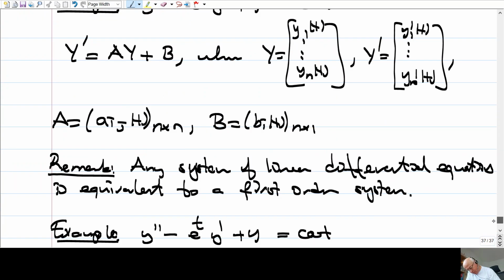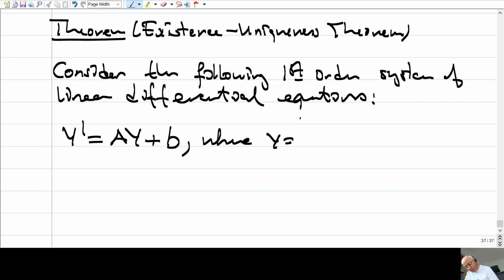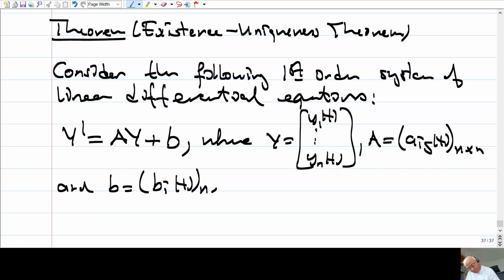What is this? It is y prime is equal to Ay plus b, usually it is written like this, where y is (y1(t), ..., yn(t)), A is just (a_ij(t)), this is an n by n matrix, and b is (b_i(t)), this is an n by 1 matrix.